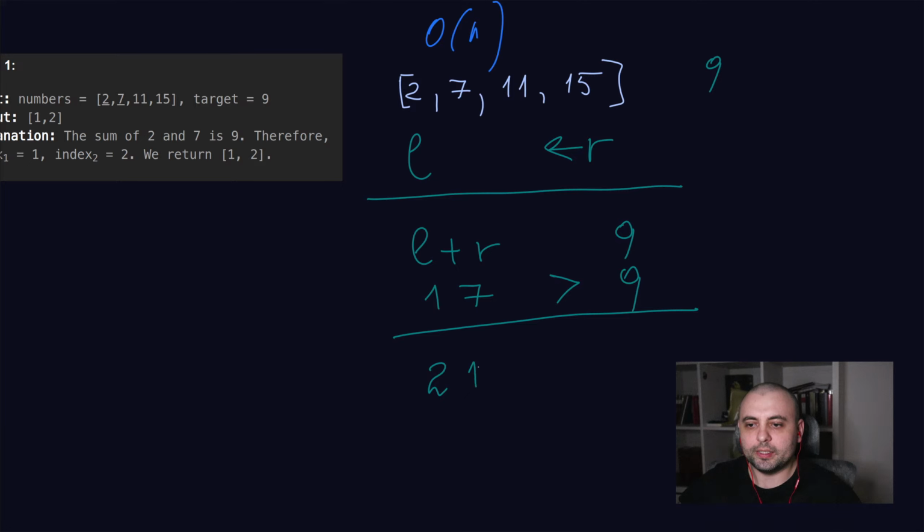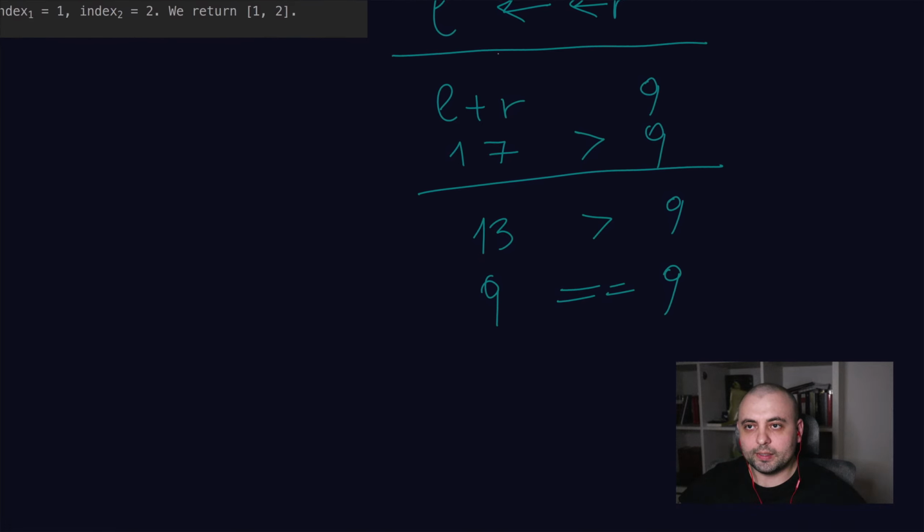It will be 13 in this case, as well strictly greater than 9, and this implies that we'll move right even more on the left. So we'll have 9, which will be exactly our position, and now we'll have our indexes, because we know left is at index 0 and the right at index 1. So we'll be returning this result.